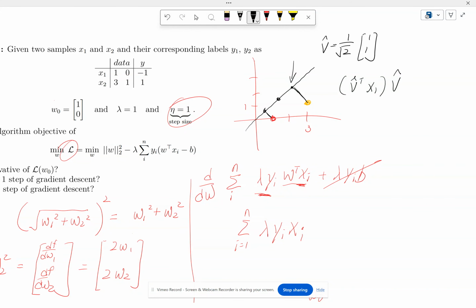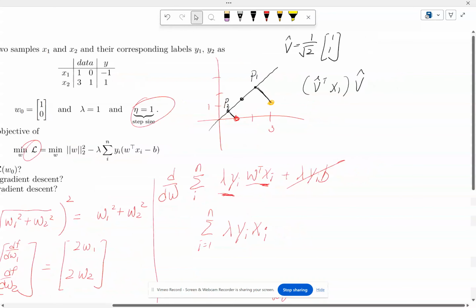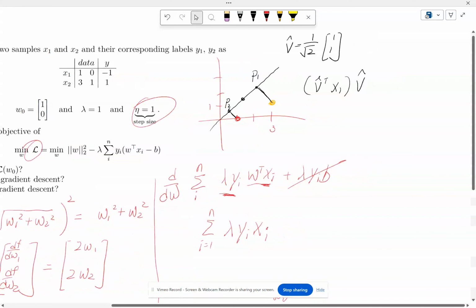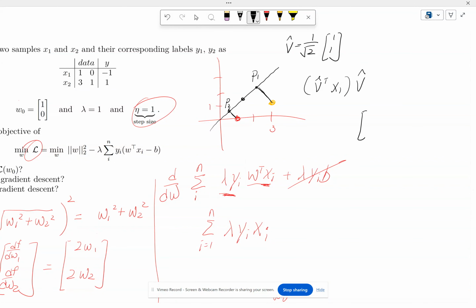We'll call these P1, P2. So what is P1? Well, x1 is 1, 0, and it's projecting onto 1, 1.